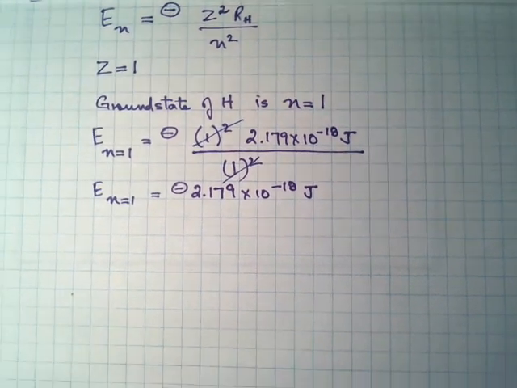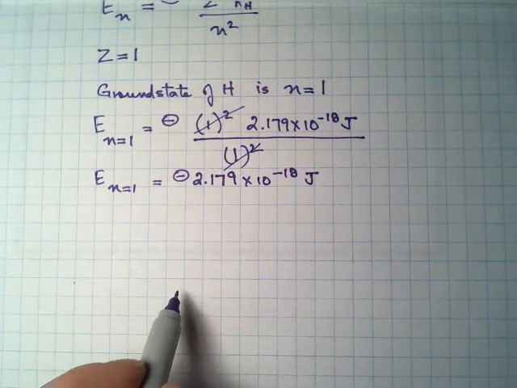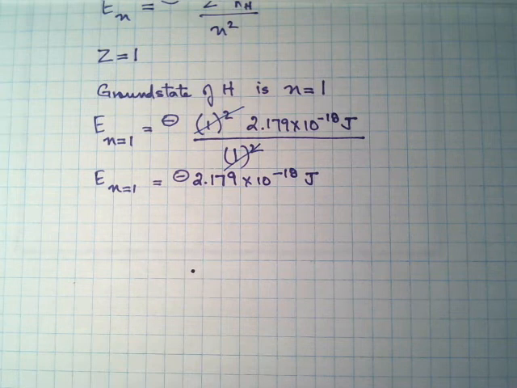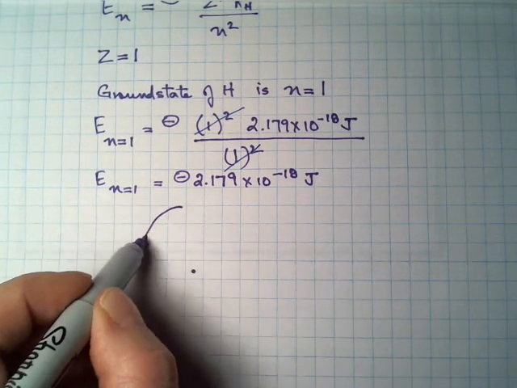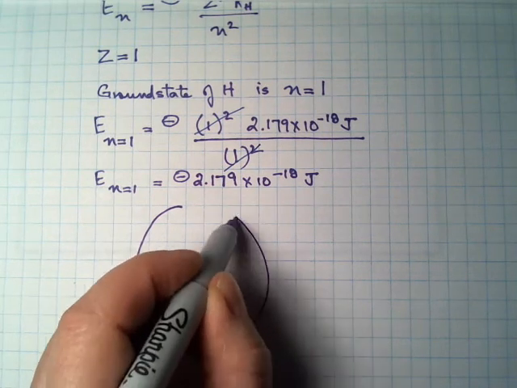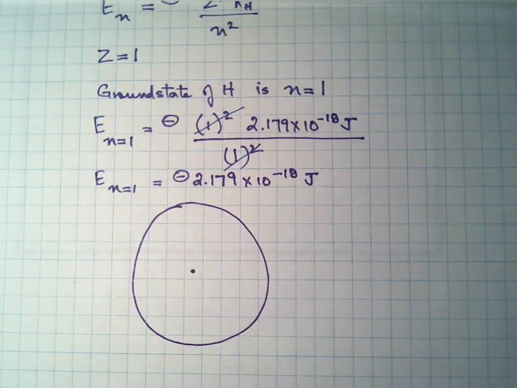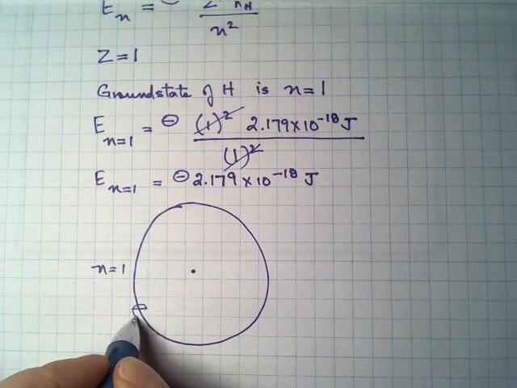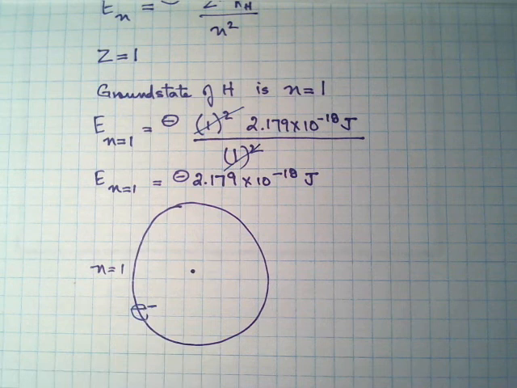But again, if I can just move this up for a second, imagine our nucleus of the hydrogen atom, and then I have this first energy level all the way around it, where n is equal to 1, and I have this electron sitting here. And in this particular question, it's not asking me what's the energy of the electron in the ground state.